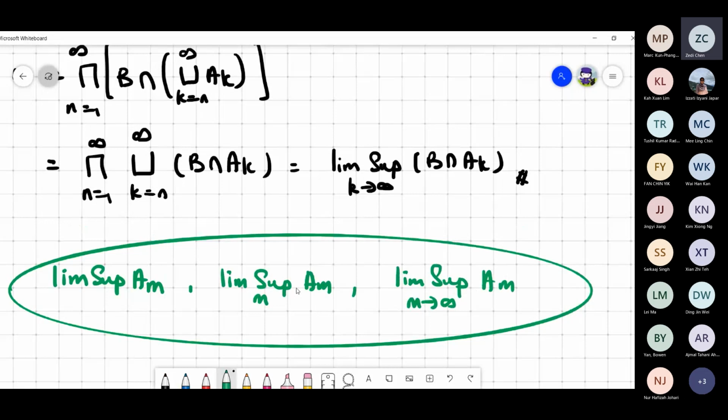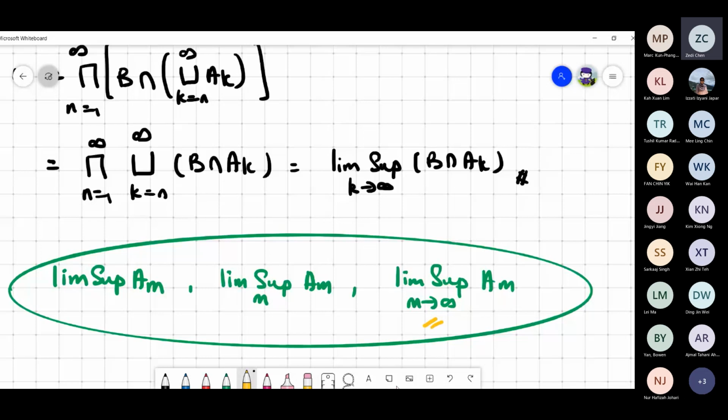It's just whether you want to express it in a complete form. This is the most complete form, so we should express it in this way: lim sup, M to infinity, of AM. Or if you don't want M, you can replace it with some other index like N, K, whatever symbol you like.